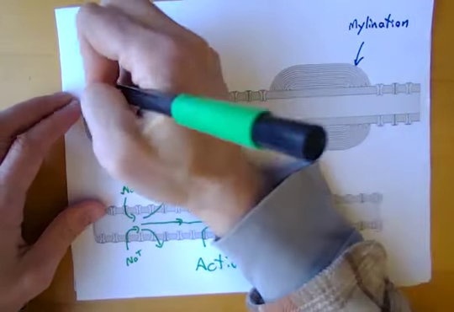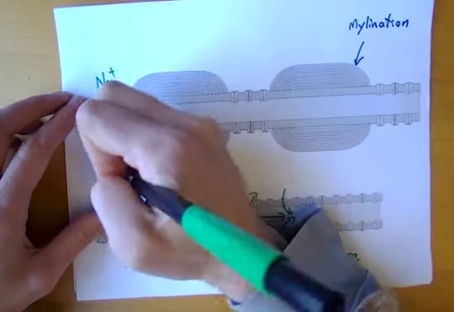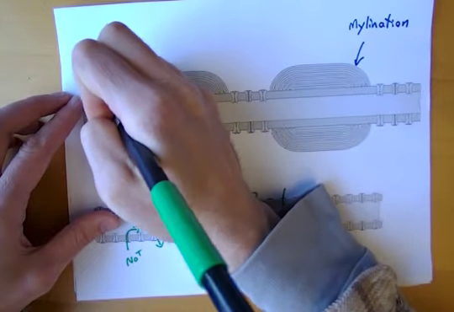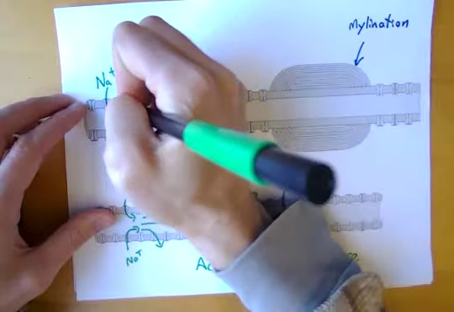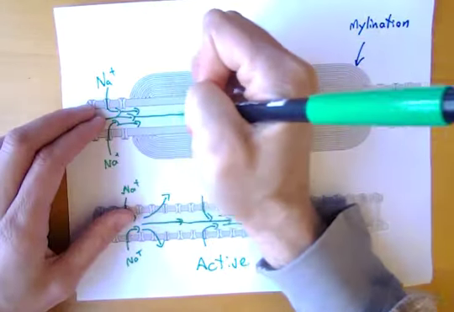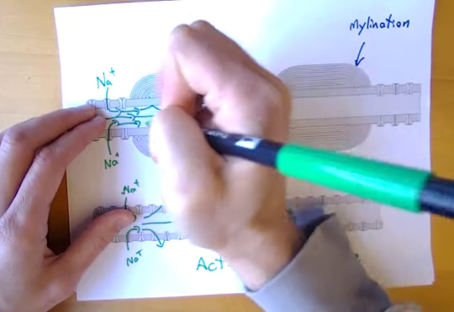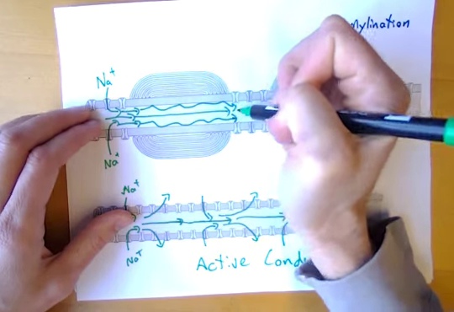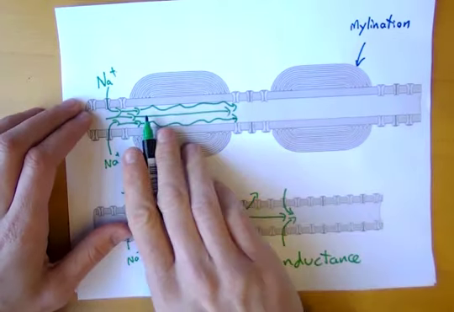Now on our myelinated axon, we do have these localized sites of active conductance where sodium is brought in. But because of the myelination, it insulates. It prevents the charge from leaking out. It does leak out a little bit, but not nearly as much as if it wasn't insulated. So we can go greater distances.